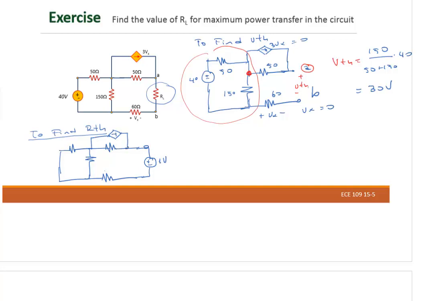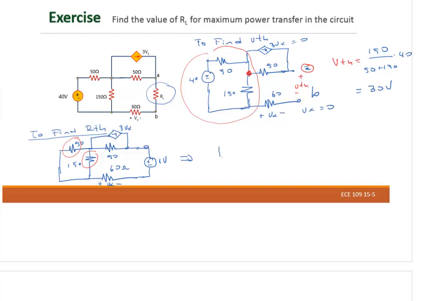Let me put the values here. This is 60 ohms. This is plus minus Vx right there. This is 50 ohms. This is 150. This is 50. This is 3 Vx. Actually, I see this one parallel to this one. Let me simplify this one here.